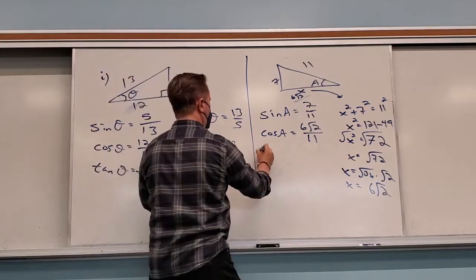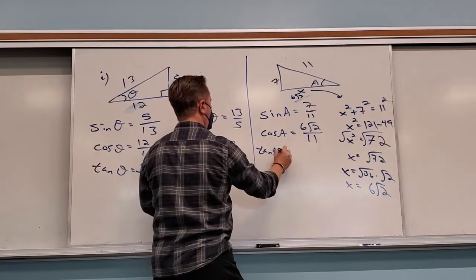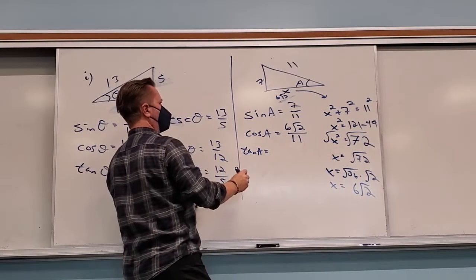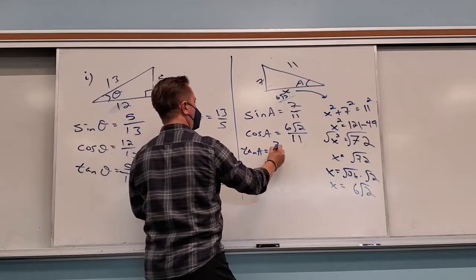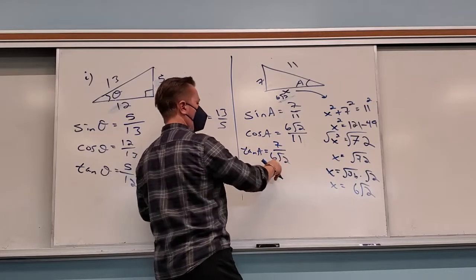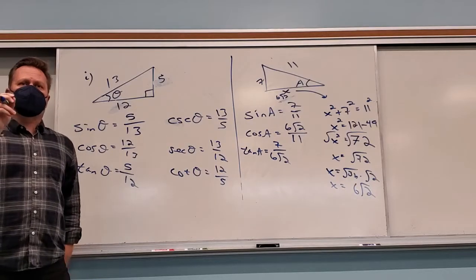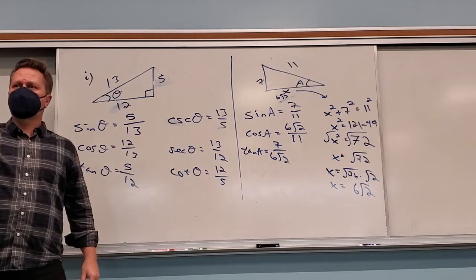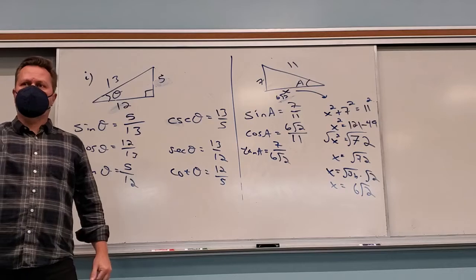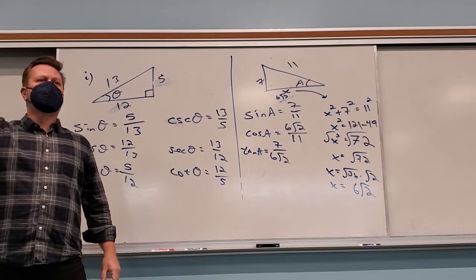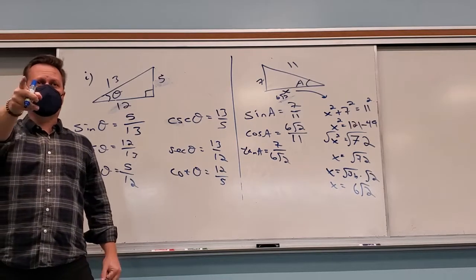What's the tangent? What's wrong with this? It's not wrong. It's the right answer, but there's something wrong with the way it's written. What do you have to do to the bottom? Rationalize it. Beautiful, right?